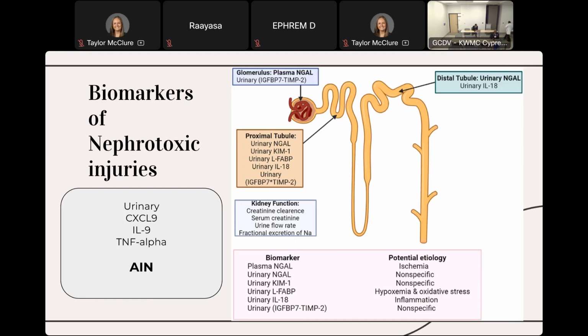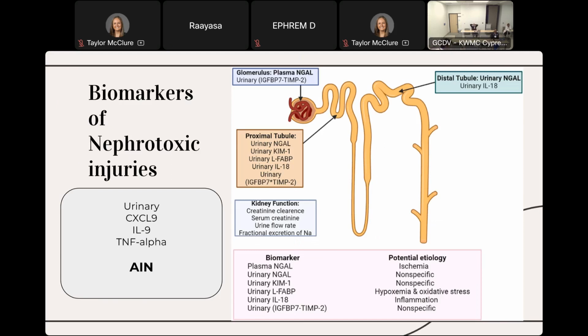The idea about these urinary biomarkers is to catch the kidney disease or AKI even before you see creatinine or BUN elevation, right? So think about patients who get oncology medications. If we can catch kidney damage before it actually manifests in blood work, then we can impact the treatment sooner, right?